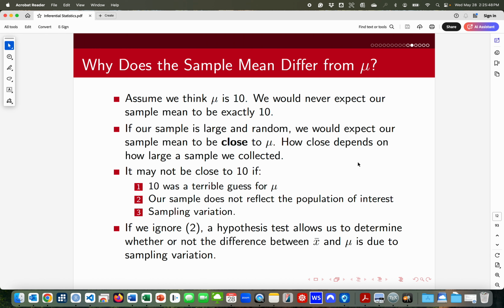We want to determine if the difference we observe is because their guess was wrong, or if what they claim could be reasonable based on natural sampling variation. So is the difference that we observe expected based on the sample size and the sample standard deviation, or is it different because we actually believe they're incorrect?